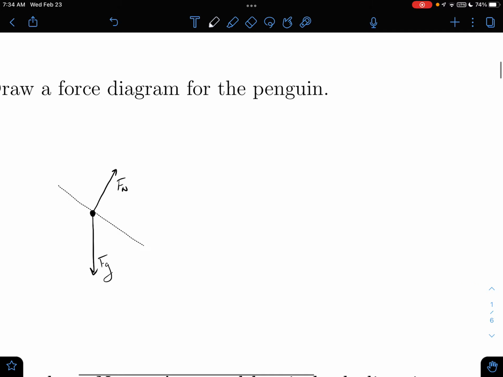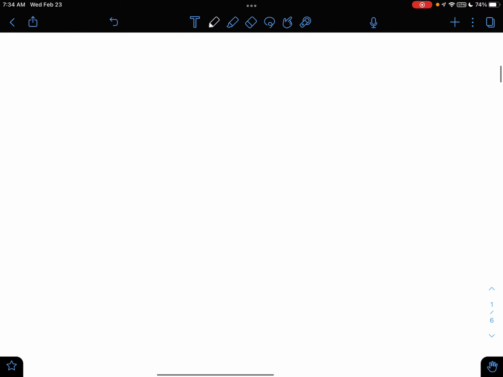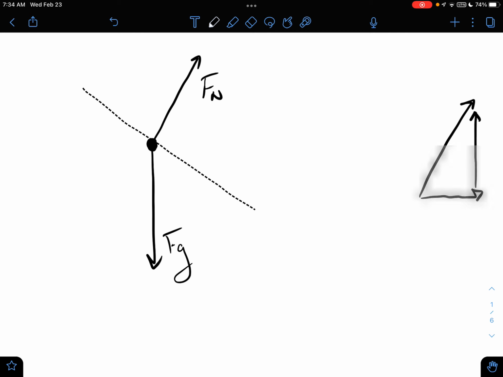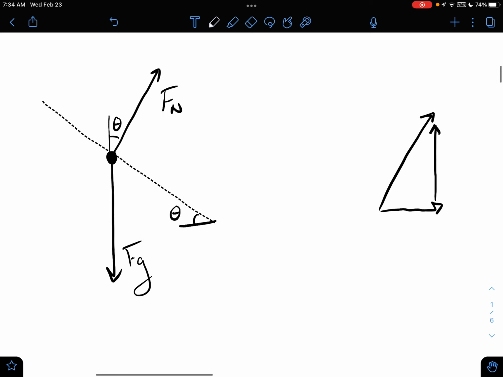So if I draw our normal force vector, here's our x component, here's going to be our y component. And the way that our theta works, if this is our theta down here, this is going to be our theta here. If we do all the geometry for it, this angle is going to be theta, this is 90 minus theta, this will be 90 minus theta, which is just going to be theta.